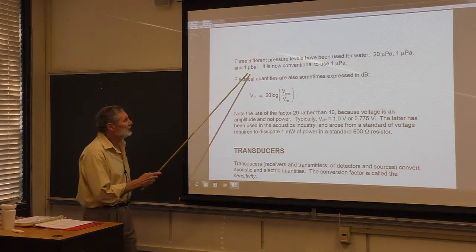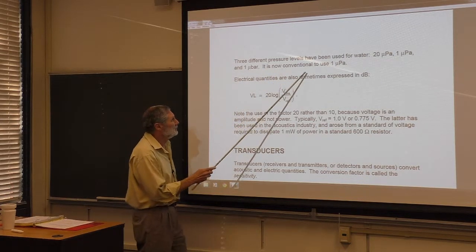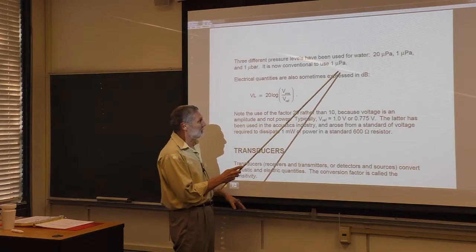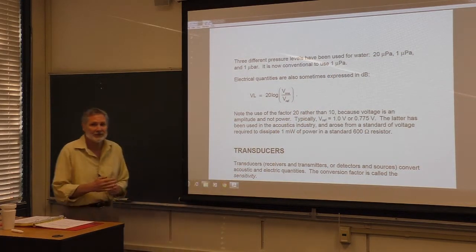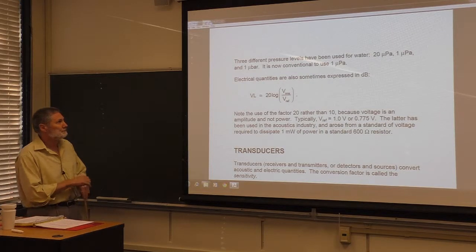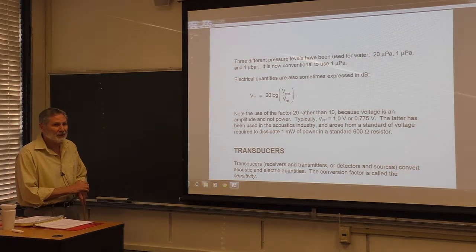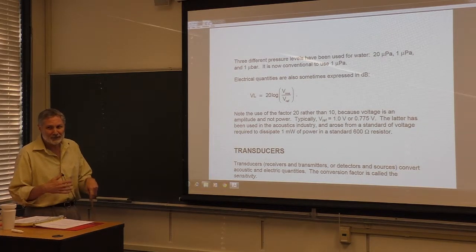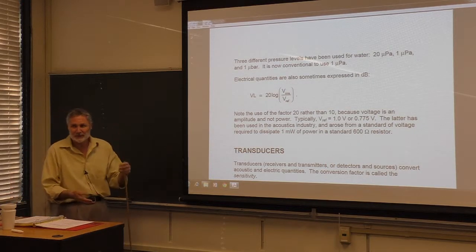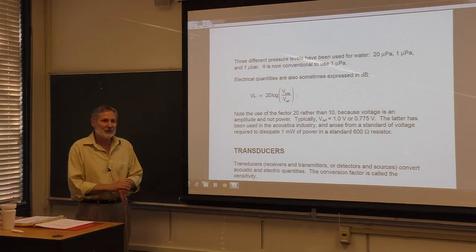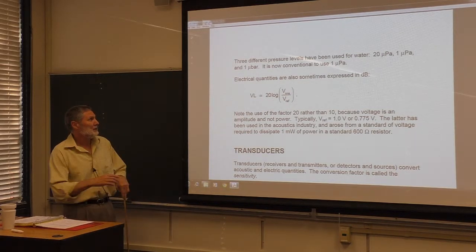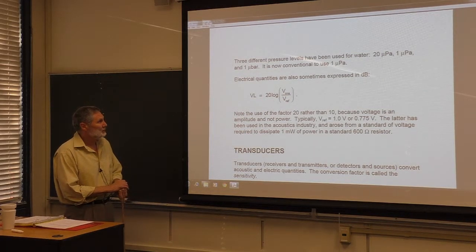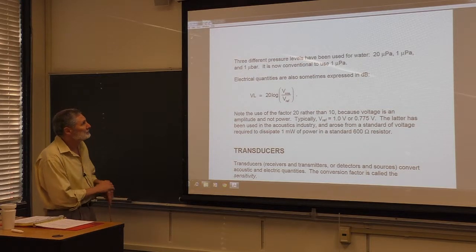But finally, I've heard now that it's pretty well narrowed down to 1 micropascal. So that's common. But again, you always want to state it once. Don't keep stating it again and again in the same document or presentation, because then it gets annoying to see all this extra re 1 micropascal. But it's good to state it in the beginning.